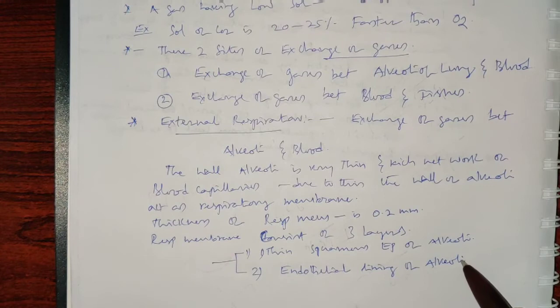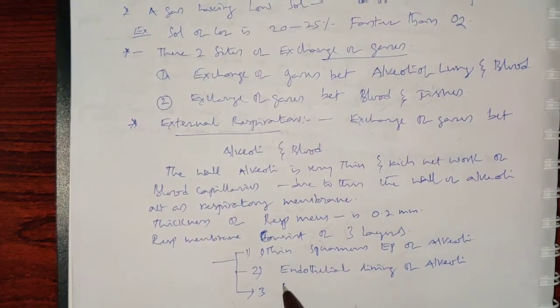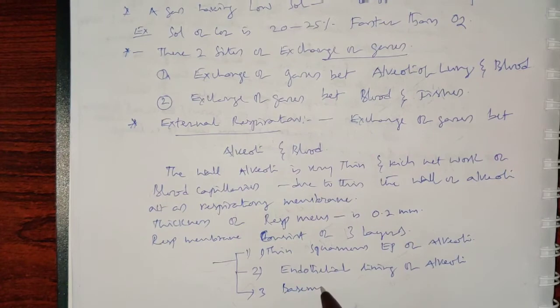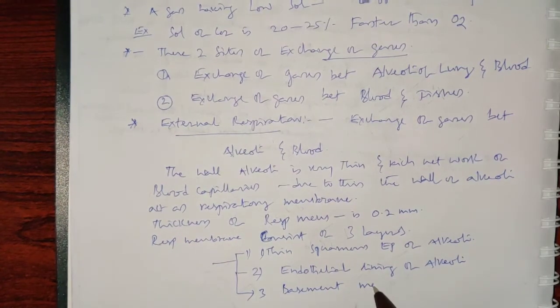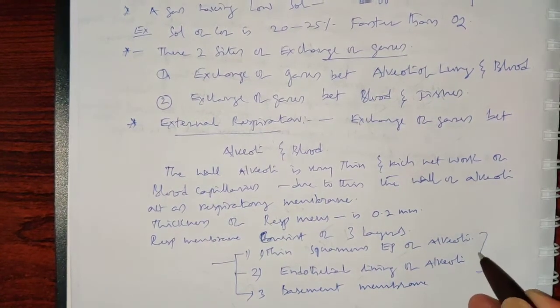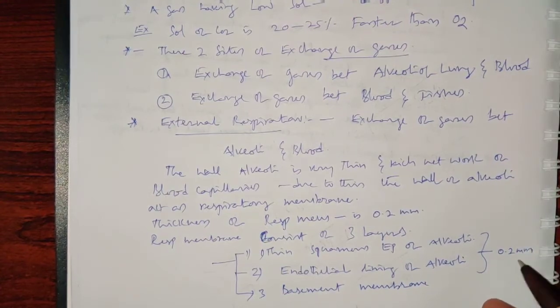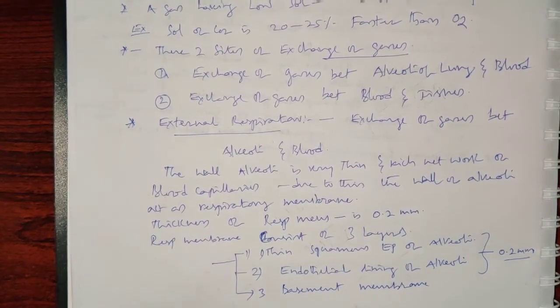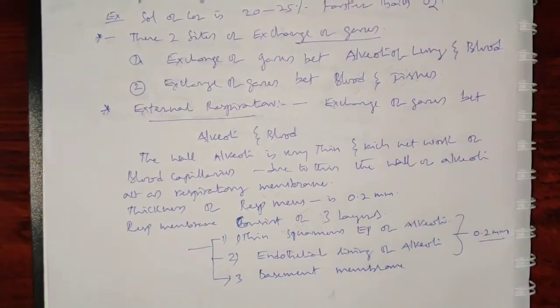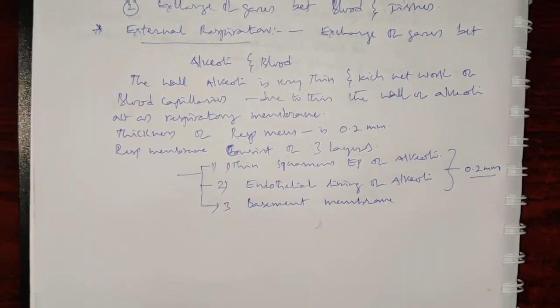Between them is the basement membrane. All 3 together have a thickness of 0.2 millimeters.